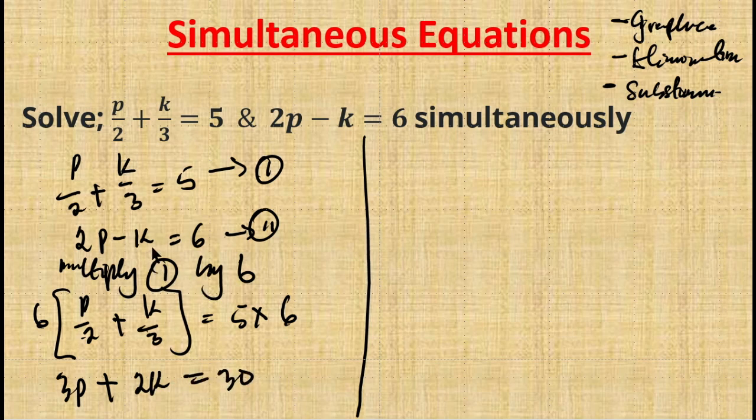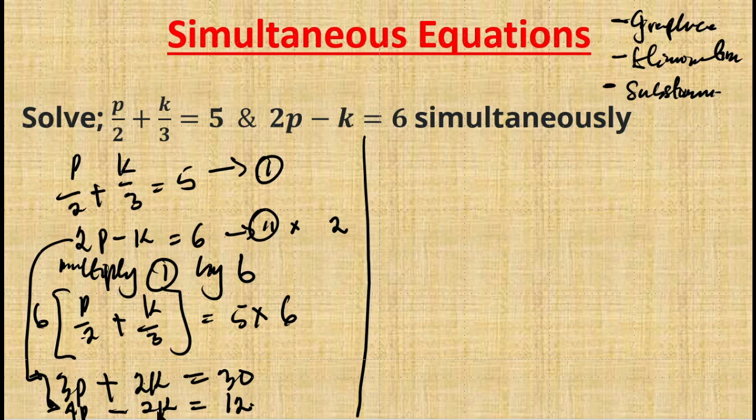Now if you look at equation 2, I have 2p minus k equals 6. Then I will want to use the elimination method. I'll multiply equation 2 by 2 so that I can eliminate k. So equation 2 now becomes 4p minus 2k equals 12.